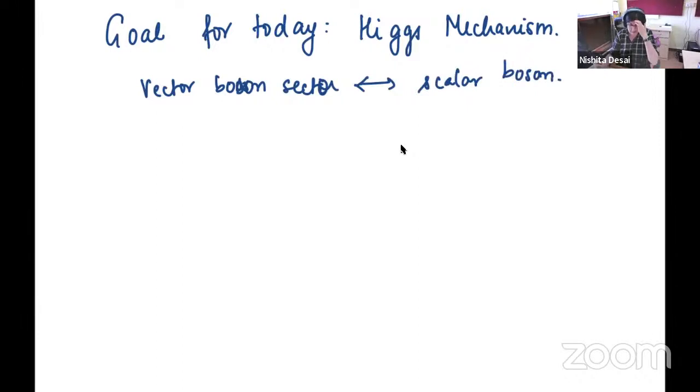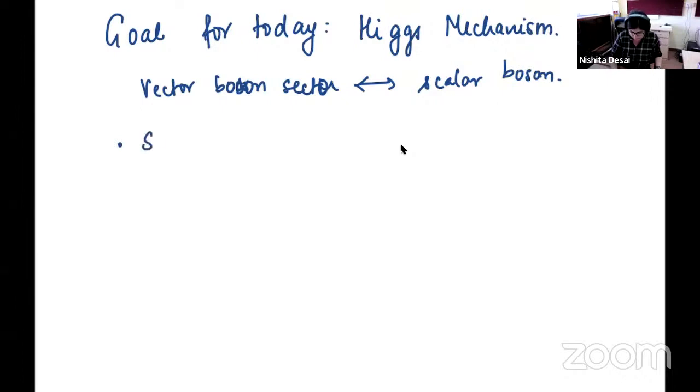That is how you give masses to the vector bosons, and also have this peculiar property that we will see in just a minute. So this is the plan for this lecture.